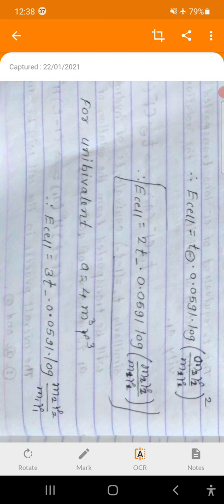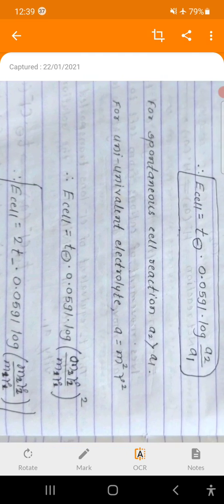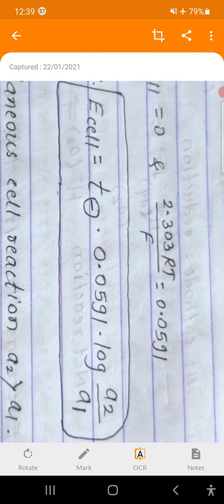For that purpose the equation becomes E cell is equal to 3t minus into 0.0591 into log of m2 gamma 2 upon m1 gamma 1. This is the final equation, using which we can calculate the EMF of an electrolyte concentration cell with transference reversible to cations. Remember. Thank you.